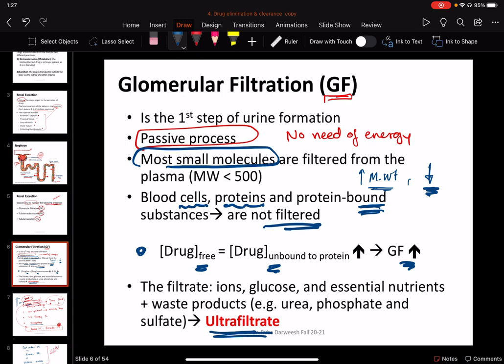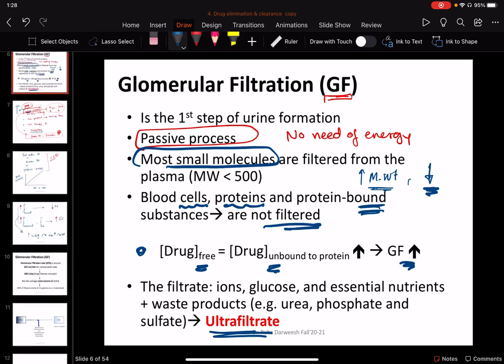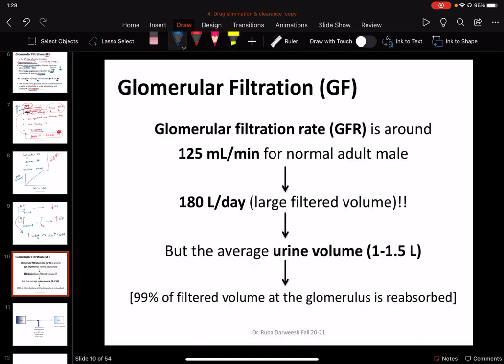And when I say everything, it's a lot of materials: toxins that should go out of the body, or other nutrients that are still needed by the body. So the ultrafiltrate that is usually produced at the first step of the excretion, we will just keep in mind until we go through this concept.